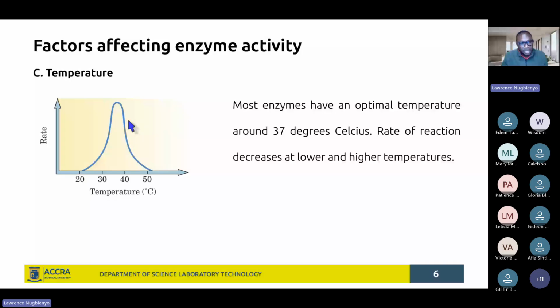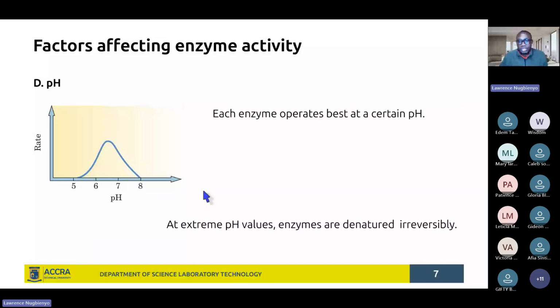But in fact, if you increase it, what it means is that you have destroyed the enzymes, and so the reaction will not even continue. It's just that as you are increasing it, more and more of the molecules of the enzymes will be getting denatured, which will result in reduction until all the enzymes get denatured and the reaction no longer proceeds. So temperature is one of those things that can be employed for inhibition of enzyme activity.